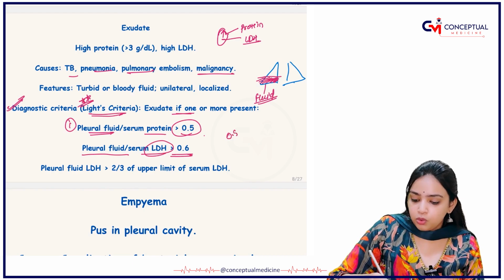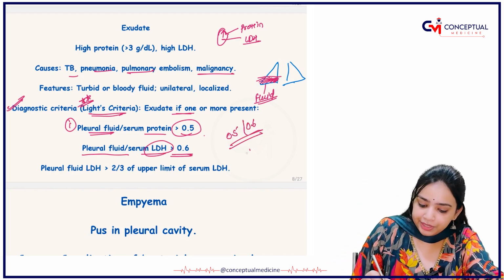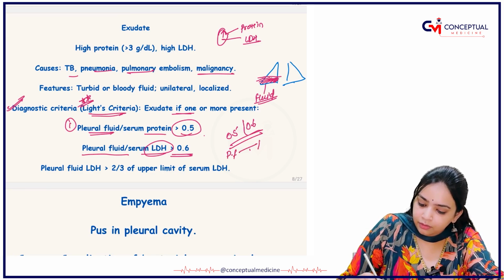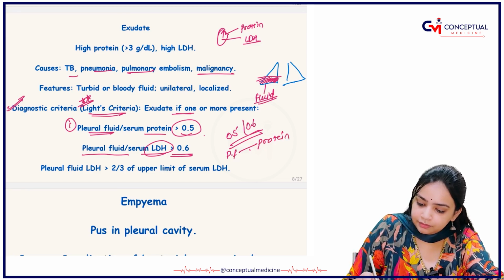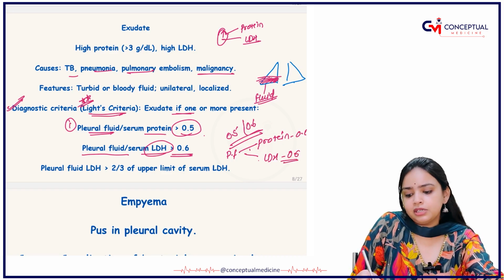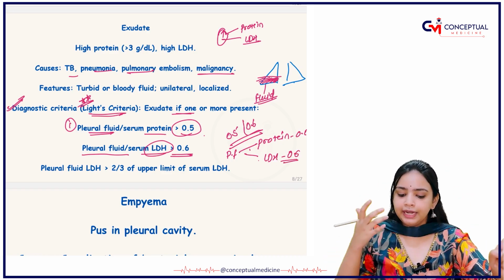So you have two numbers, 0.5 and 0.6. For protein it is 0.5 and for the serum LDH it is 0.6. So you have two criteria, that of protein and LDH, right?